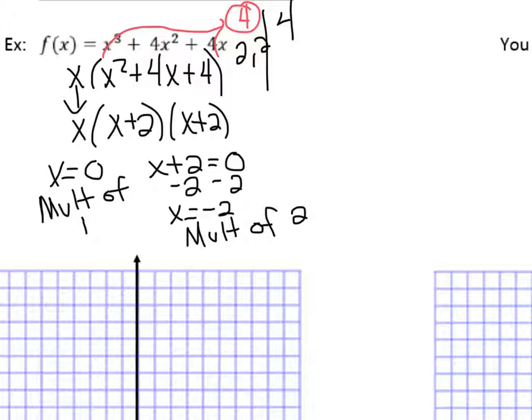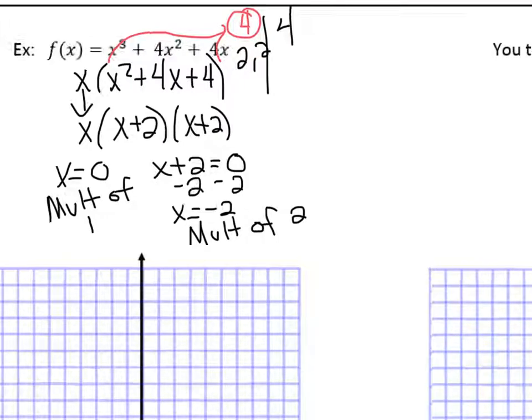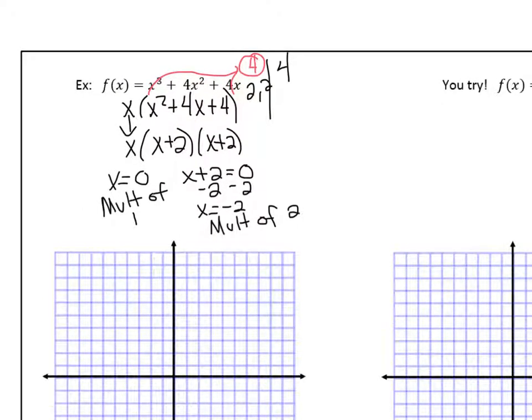Now, going back to the beginning, we talked about even and odd functions and what side went up and what side went down. So we're also bringing that back into play. Well, the first thing is our highest degree is 3. So that means the right and the left side are going to do the opposite. So since the highest degree is positive, that means the right side is going to be up.